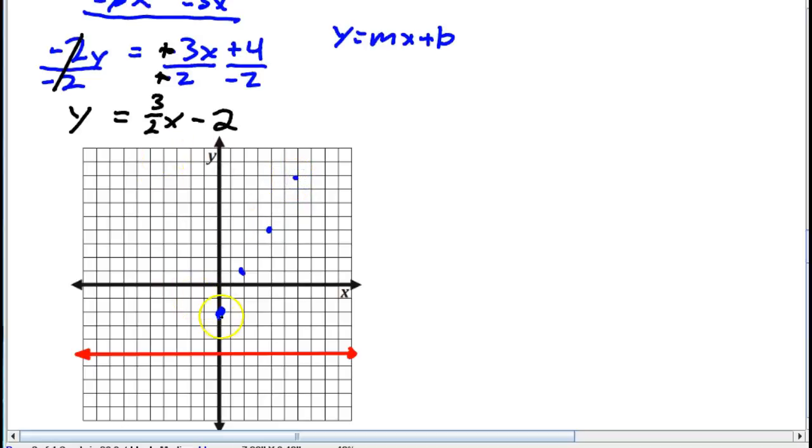And then we could reverse it and go down 3 and left 2, and there you can see the answer right there where they intersect. Down 3, left 2. Up. And ideally we're using that straight edge. There. And we can see the intersection is right here at negative 2, negative 5.